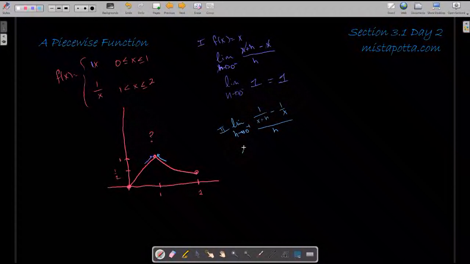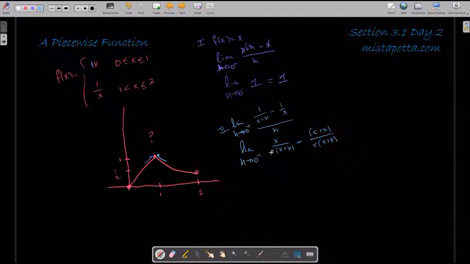So what I'm getting is the limit as h approaches 0 from the positive side. This ends up being x over x times x plus h minus the expression x plus h over x times x plus h.